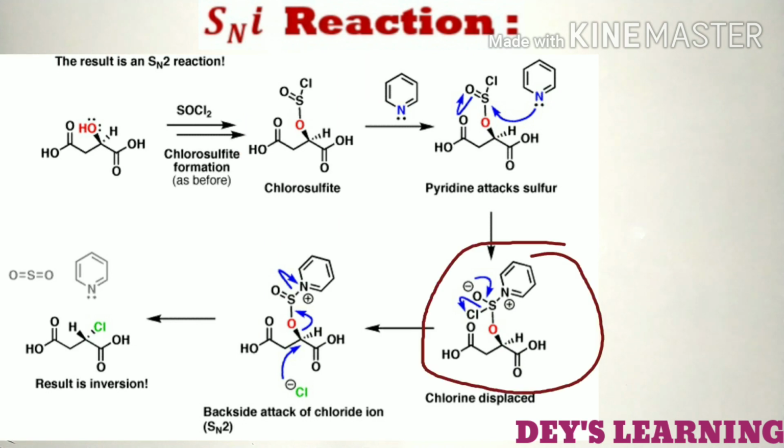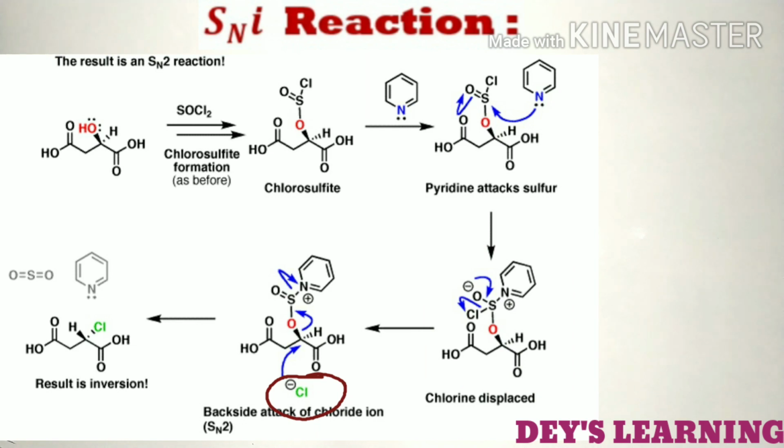Now when this lone pair of oxygen comes back, the Cl minus ion leaves from the substrate, and eventually this Cl minus ion acts as a nucleophile, and this Cl attacks from the backside of the leaving group.